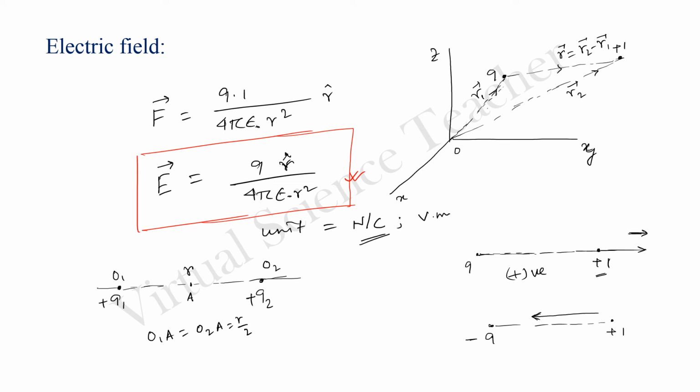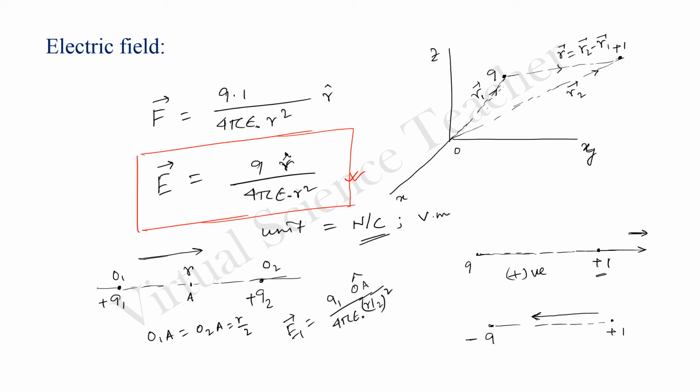Now the electric field or force experienced at A due to the charge Q1 is, I am writing the electric field, E1 equals Q1 by 4 pi epsilon naught times the distance squared, because the distance here is O1A, this is r by 2, and the direction is along this direction, that means along the O1A direction.